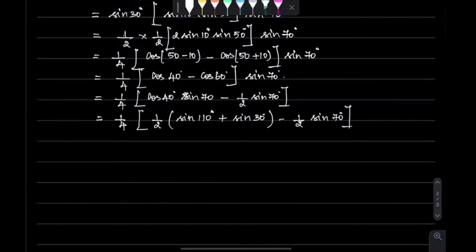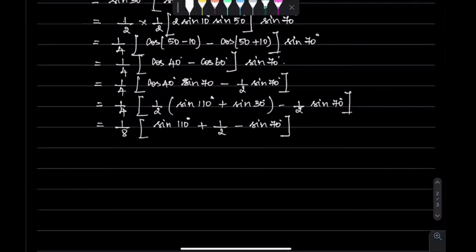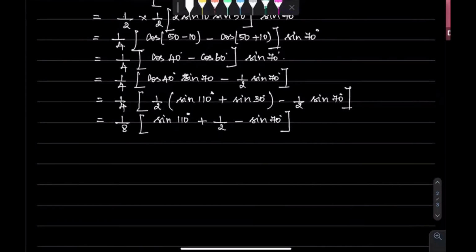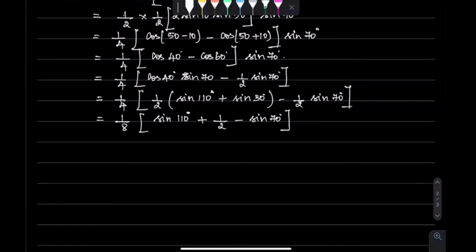So what happens if I take 1 by 2 outside? I get 1 by 8. Then I get sin 110 degree plus sin 30 is again 1 by 2 minus sin 70 degree. Make sense? Yes, sir. So which in turn I can reduce it. I can reduce and get 1 by 8.